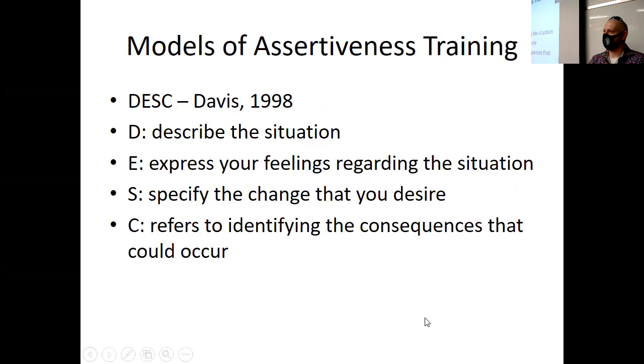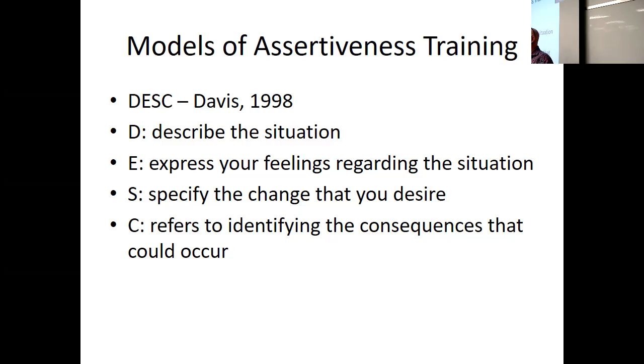Here's another one. They spelled desk wrong on this one. DESC. You describe the situation, express your feelings regarding the situation, specify the change that you desire. This is very similar. And C refers to identifying the consequences that could occur. You need to talk through, when you're more assertive, this could happen or this could happen.